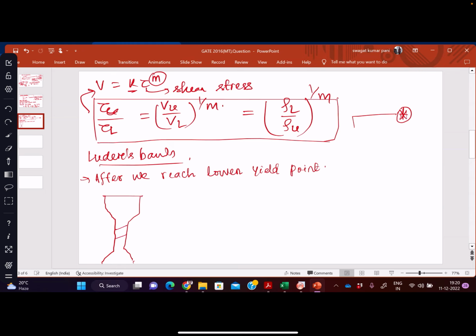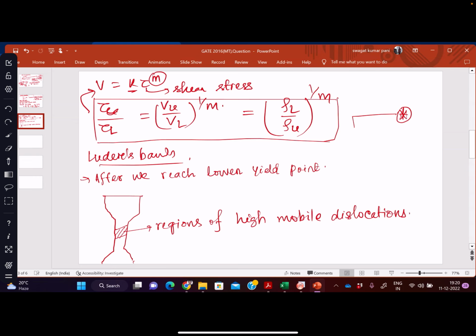So how do these form? These are the regions of high mobile dislocations. So what do we mean by that?